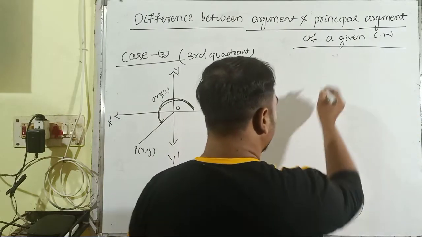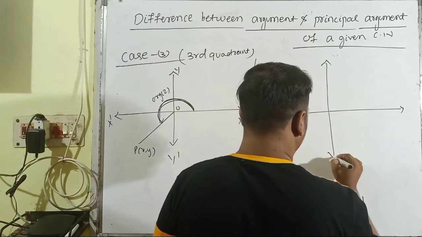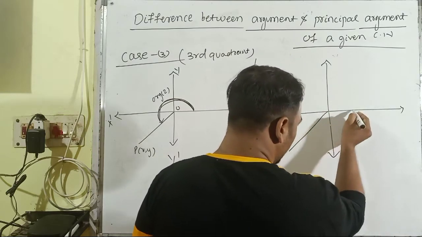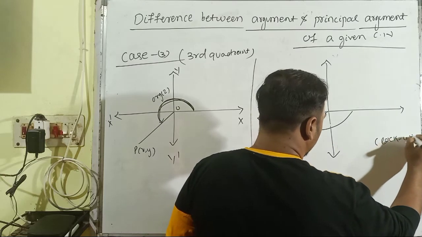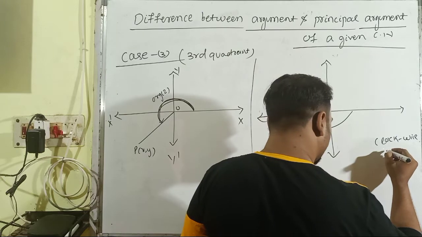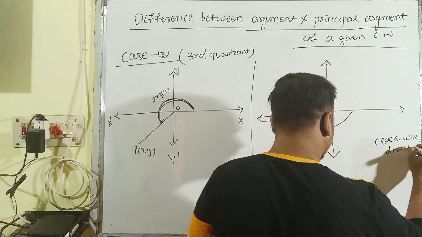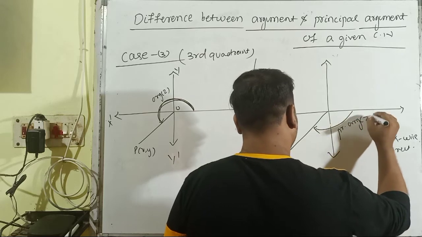We have to change the diagram and go for the clockwise direction, so that we can accept this restriction. And here it is the principal argument of z.